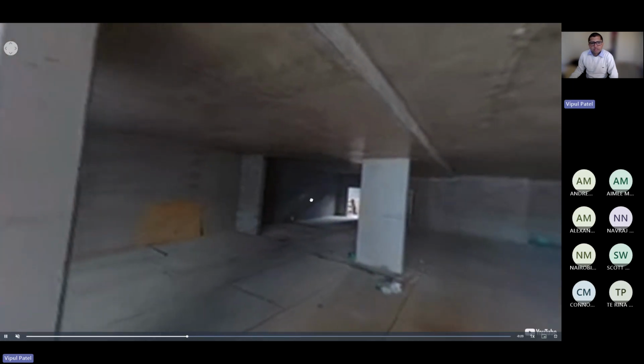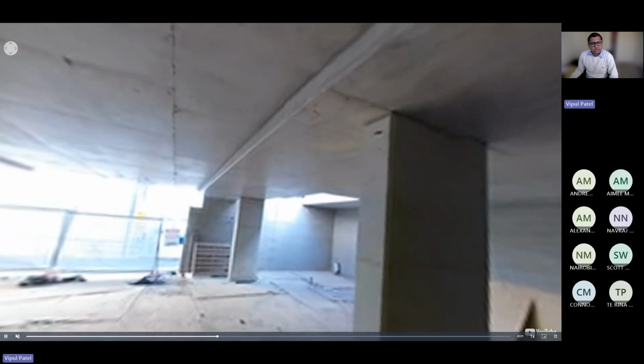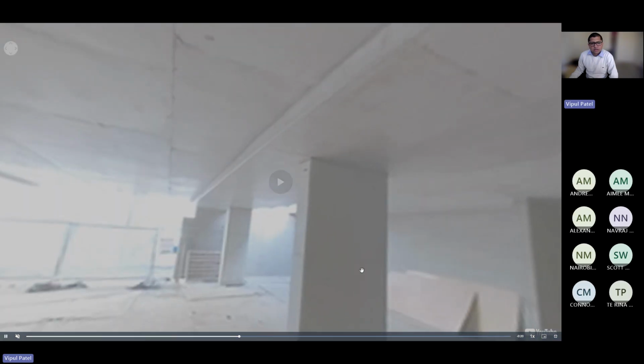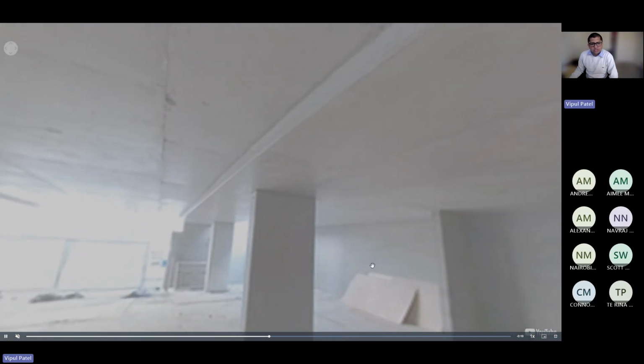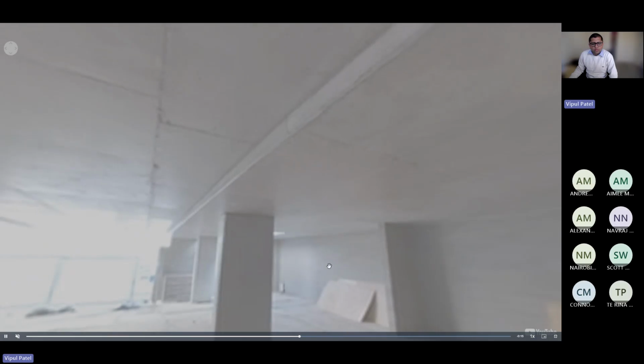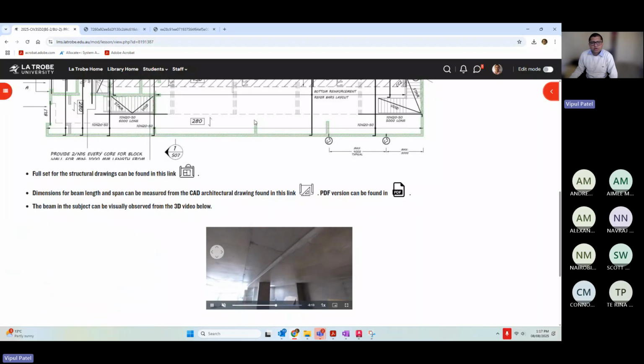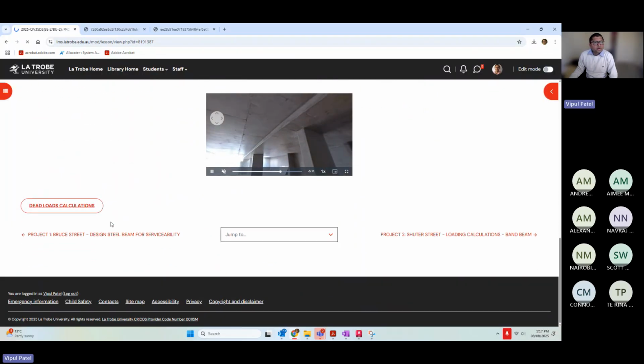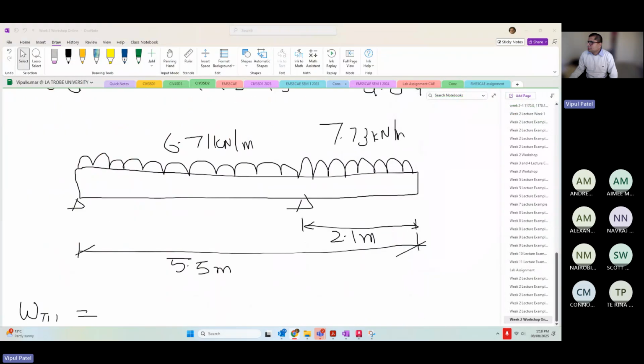So slab, band beams, and slab. You can see these slabs, okay? And as I said, this is just the floor below, the ground floor below. So we're going to calculate the dead loads and live loads and so on, the same story that we have done before, and we're going to continue on that one. So let's do that one.